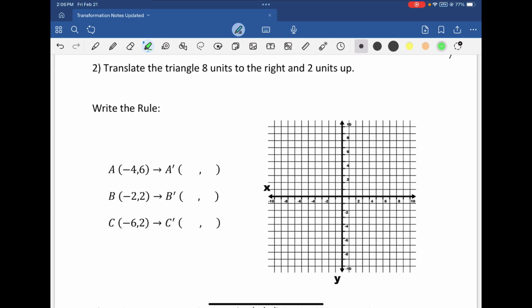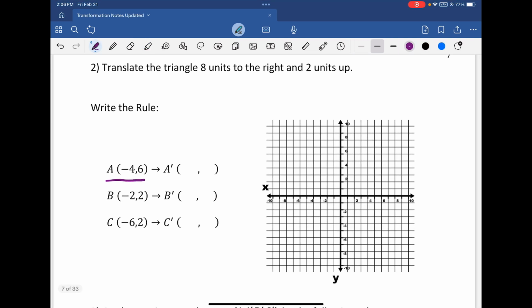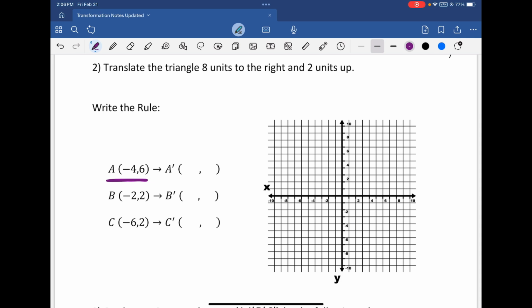It says, translate the triangle 8 units to the right and 2 units up. So first, let's create my triangle. I'm going to do point A first, -4, 6. I'm going to label it A. Then let's do point B, -2, 2.